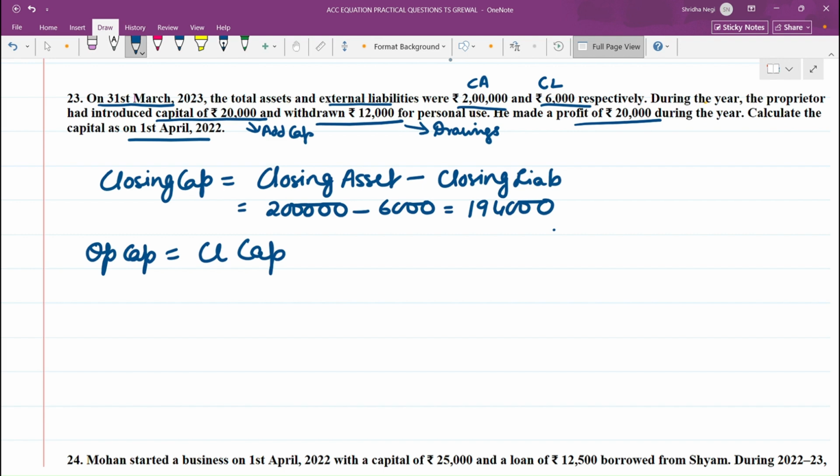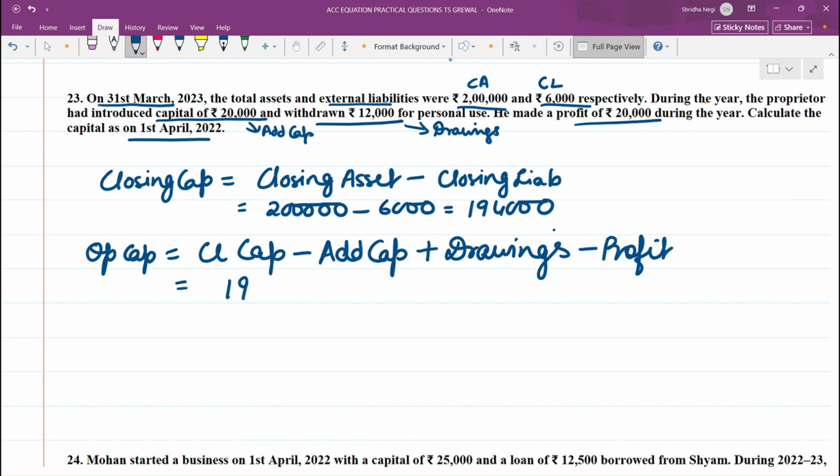Closing capital में we are going to do the opposite of what we do in opening capital. See, यहाँ पे additional capital है, so we are going to subtract the additional capital. Drawings है, we are going to add the drawings. ठीक है, and profit है, so we are going to subtract the profit. Understood? To find the opening.